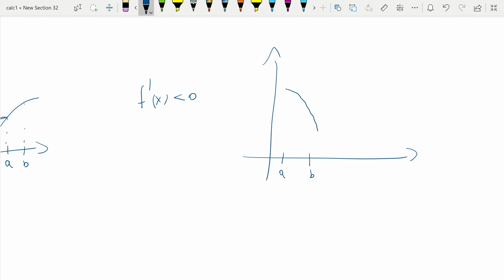So even though b is greater than a, the value of f at a is greater than the value of f at b.